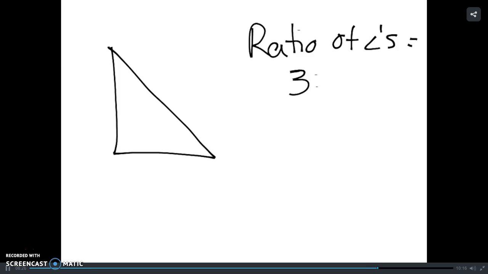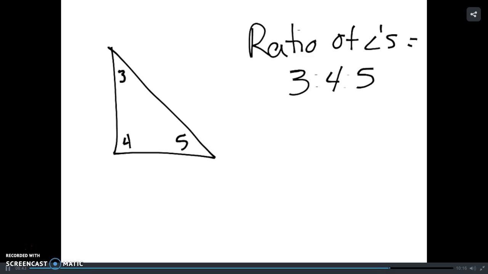Okay. And I know that that's going to be an extended ratio because I have 3 different numbers there. Now, I don't know what each of those angles specifically is at the moment, and that's what I'm supposed to find.